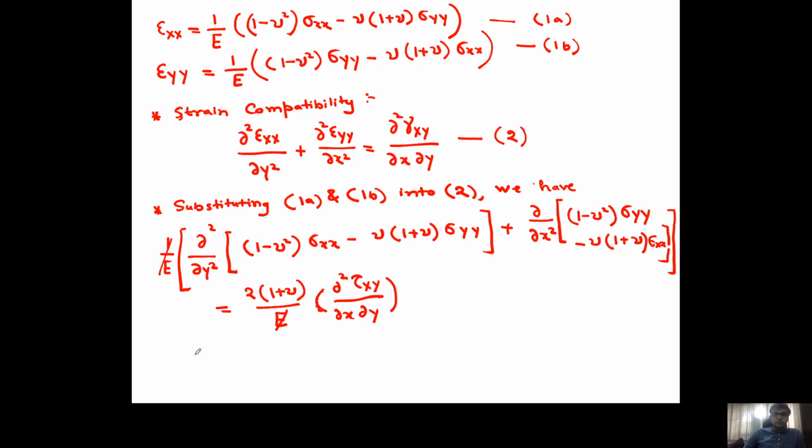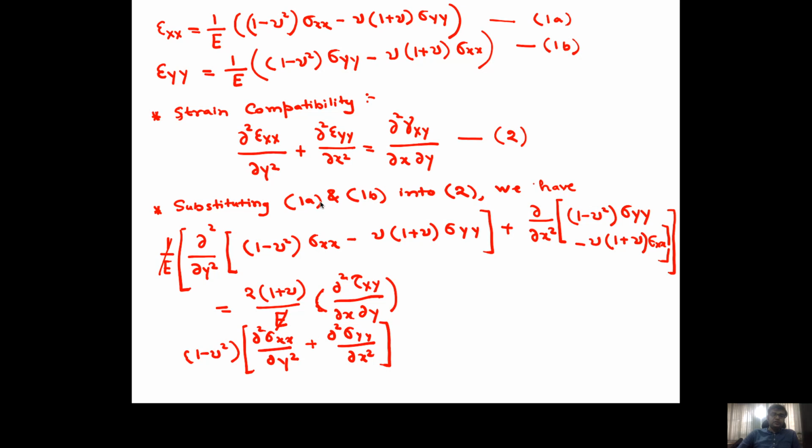If we simplify it further, we have 1 minus nu square del 2 sigma xx del y2 plus del 2 sigma yy del x2.